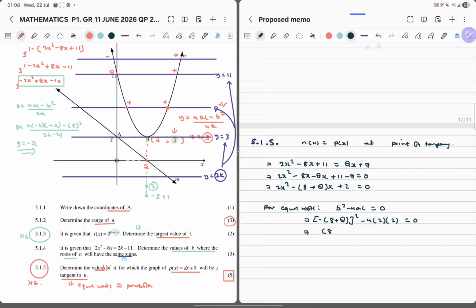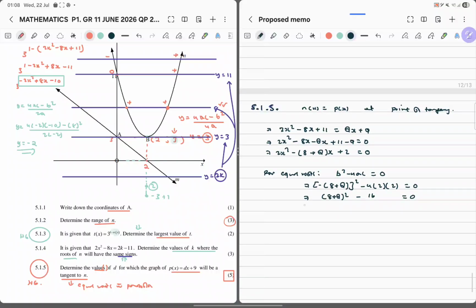This squared is basically 8 plus d squared minus, this is 4 by 2, that's 8 by 2, that's 16, equal to 0. We fall, this is 64, plus 8 times d times 2, that's 16d, plus d squared minus 16 equal to 0. Write in standard form.